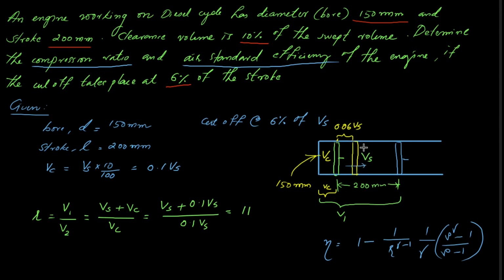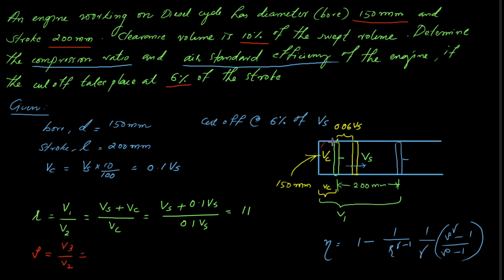So that is the cutoff point. We can find out the cutoff ratio, rho, which is V3 divided by V2.